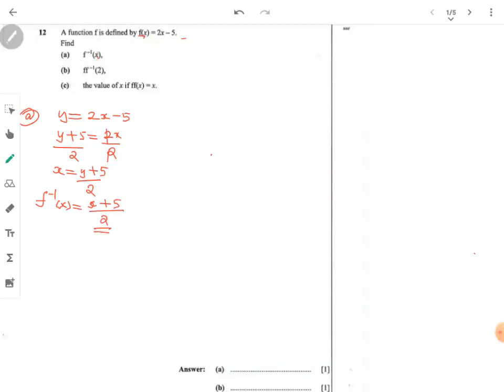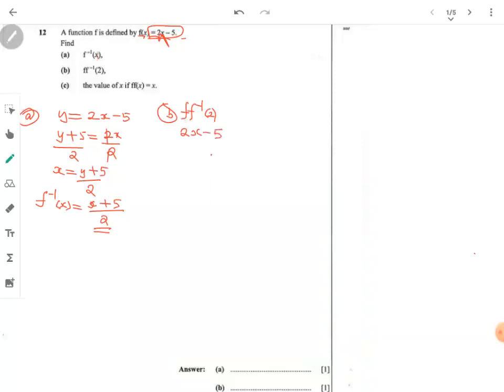B says find f of f inverse of 2. Now what this means is that in the original function here, where there's x, you put that inverse. So we have 2x minus 5 as f.